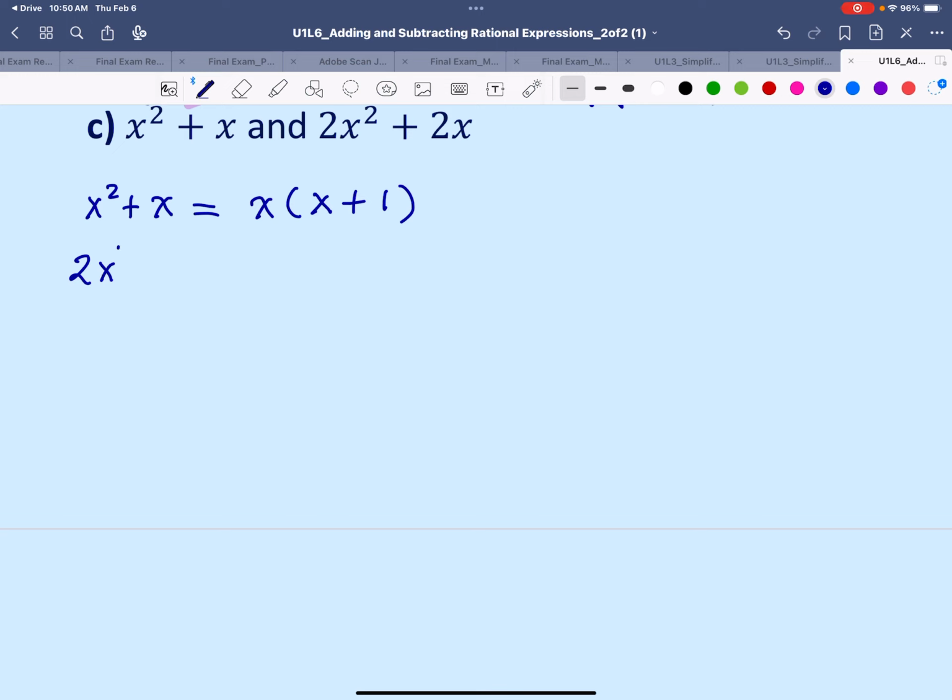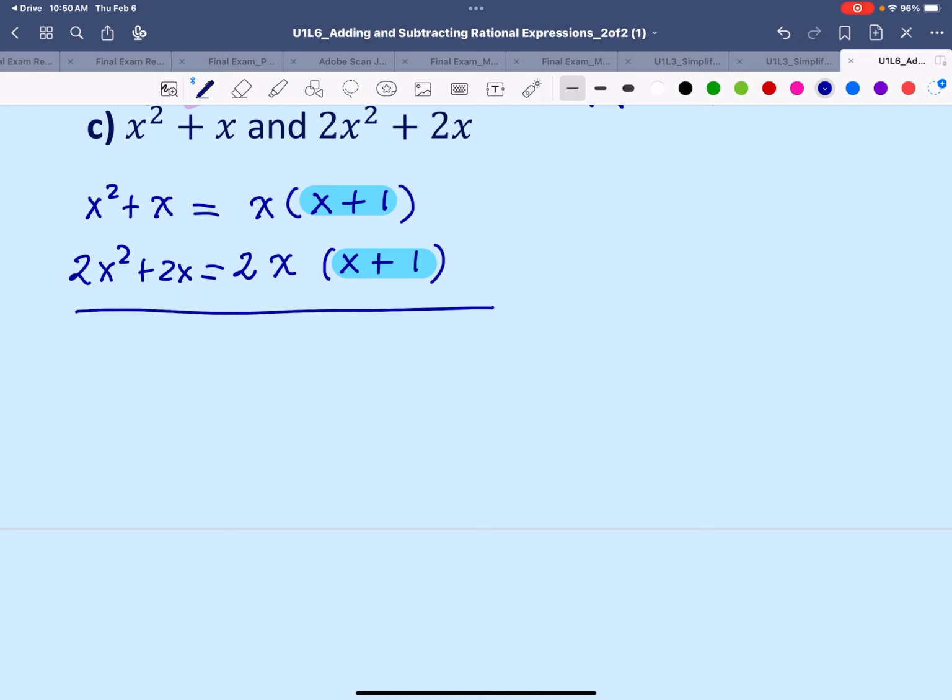Then 2x squared plus 2x. So we have a factor of 2, a common factor of x, and in brackets, x plus 1. As you can see, the only common factor we see here is x plus 1.